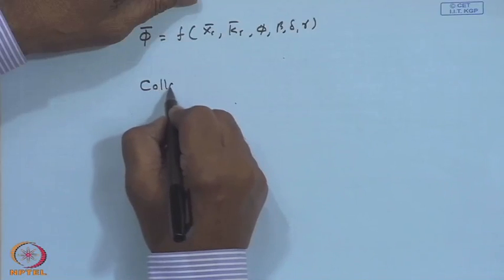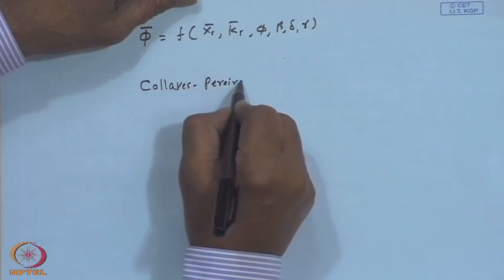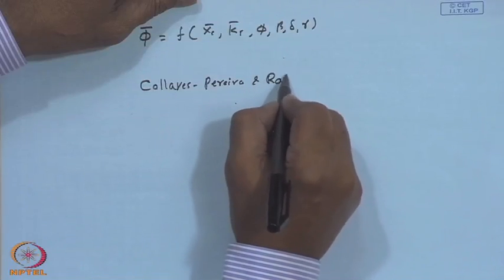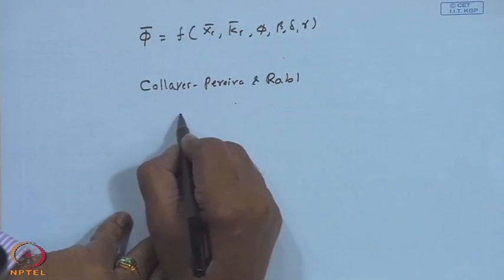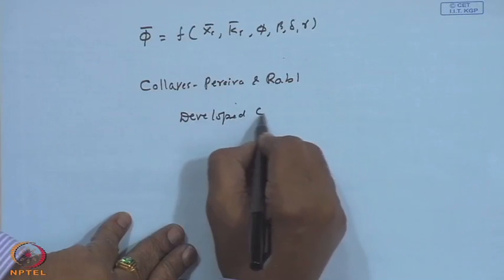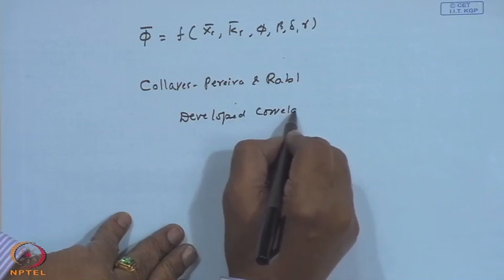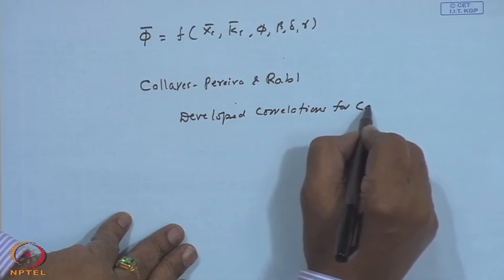For example, Klein's correlation is valid for flat plate collectors, and Collares-Pereira and Rabl developed correlations for concentrating or focusing collectors.